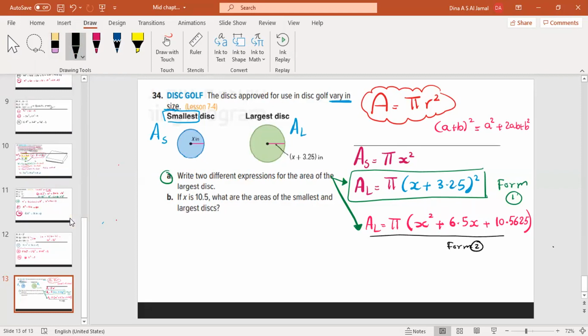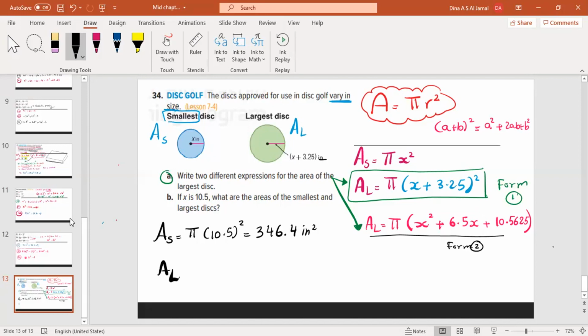Now he's telling you what is the area of the largest and the smallest. If he gave you already your x, so let's substitute. Area of the smallest: just substitute directly. Pi times 10.5 all squared. That means it will be giving you 346.4 inch squared, because the units here are inch.